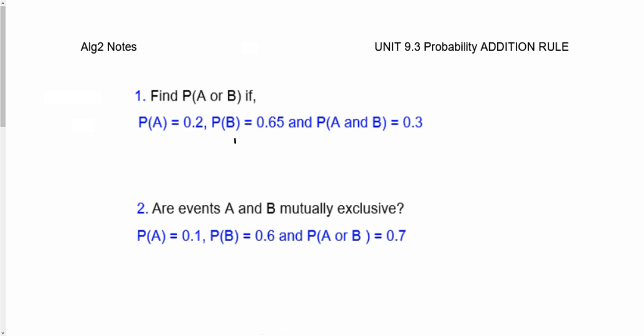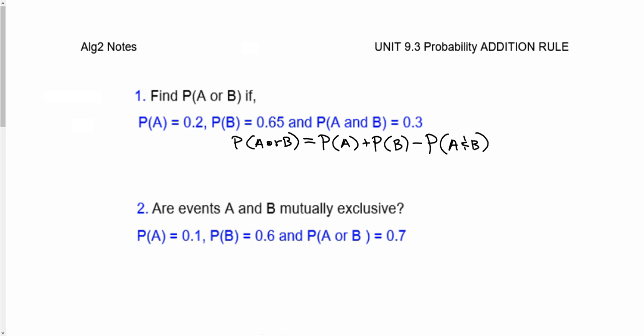The formula says, if I want to find the probability of two events happening, that is equal to the probability of one event plus the probability of the other event minus the probability of both events happening at the same time. Straight up substitution. They gave us 3 numbers, and I got 4 parts right here.